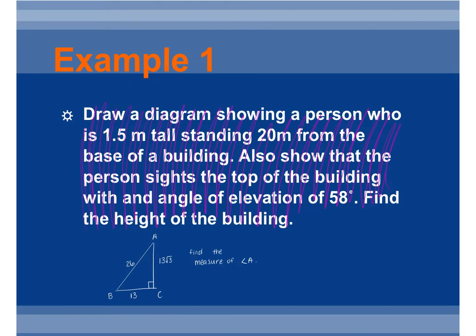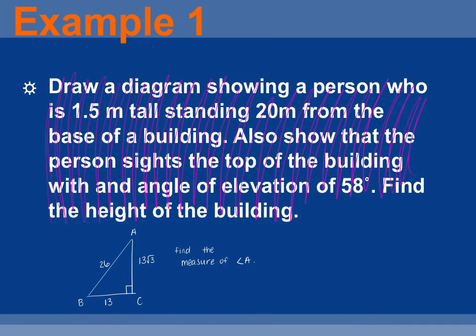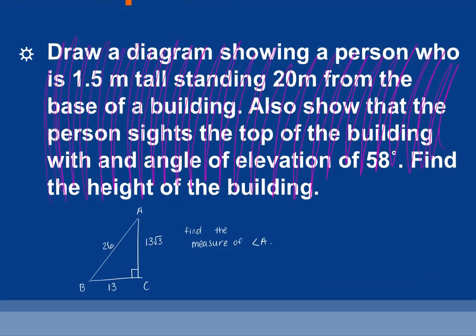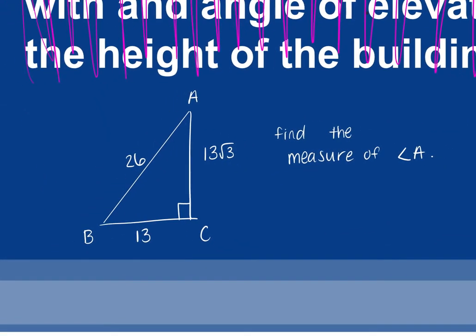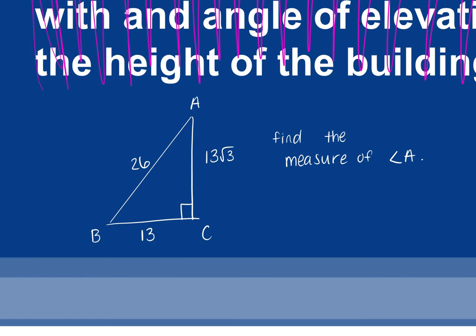Let's see an example. So on the next slide, go ahead and cross out everything that's there. And I want you to copy down this problem down below. It says find the measure of angle A. Now, in this problem, listen carefully.